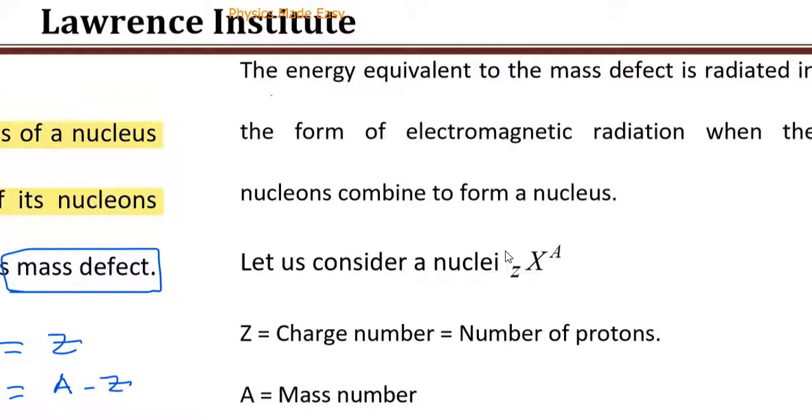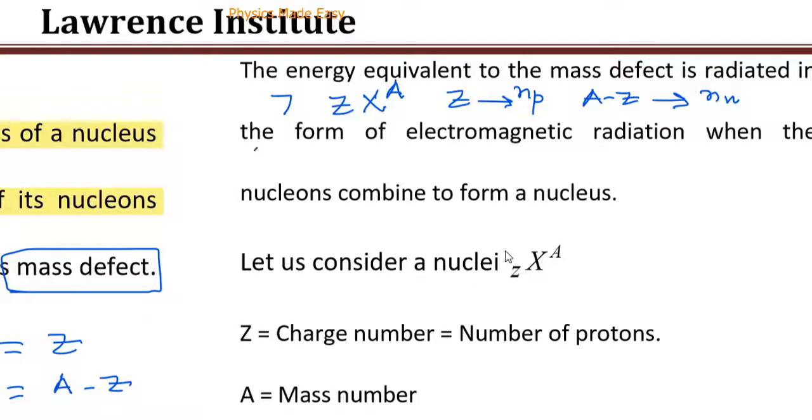First of all, write a nuclei Z X A, and just remind that Z is the number of protons, which I am denoting by Np, and A minus Z is the number of neutrons. I am denoting them by N.